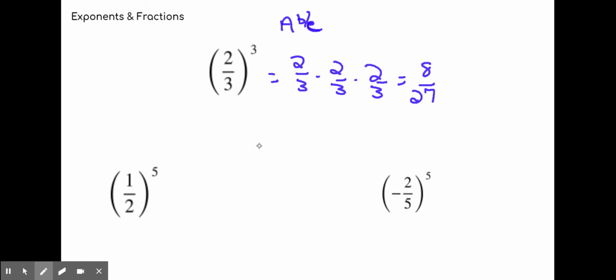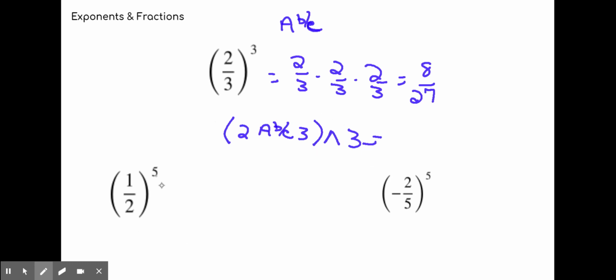But in my calculator, I would do open parentheses, then I would hit 2, then ABC, then 3, and it will look like that 2 backwards L3 in your calculator, then close parentheses, then power, then 3, then hit equal, and you should see 8/27. So that is how you would put that in your calculator.